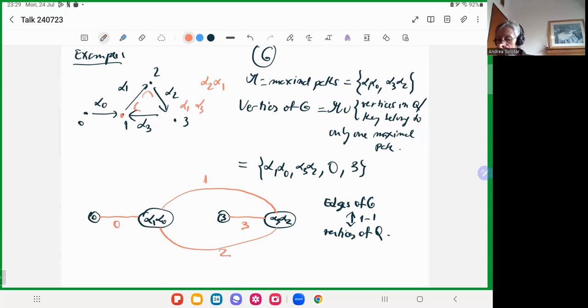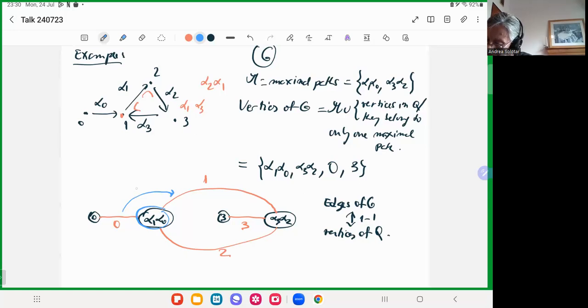Okay? So the only thing that is missing is giving a cyclic ordering in the edges that are adjacent to a vertex. So when there is one, we have nothing to do. But for example, in this place, the vertex alpha 1, alpha 0, I have 3 edges that are adjacent. So I go from one to the following one, just following the path. Okay, so this is alpha 1, alpha 0.